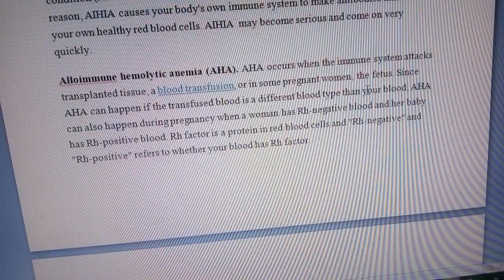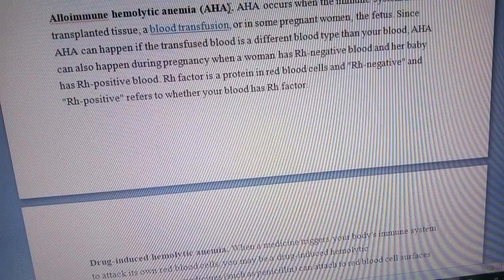The second point is alloimmune hemolytic anemia, the abbreviation of which is AHA. Alloimmune hemolytic anemia occurs when the immune system attacks transplanted tissue, a blood transfusion, or in some pregnant women, the fetus. AHA can happen if the transfused blood is a different blood type than your own.